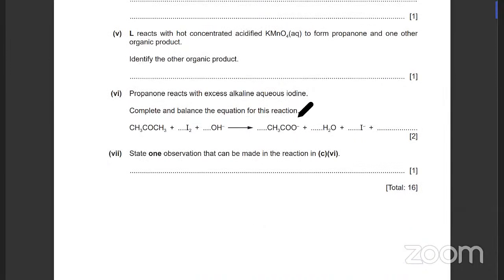Complete and balance the equation for this reaction. This one is probably slightly harder. You have to balance this one. And this is the iodoform test. What happens in the iodoform test is that if you have a CH3 with a ketone, the CH3 will break off and it will form CHI3.